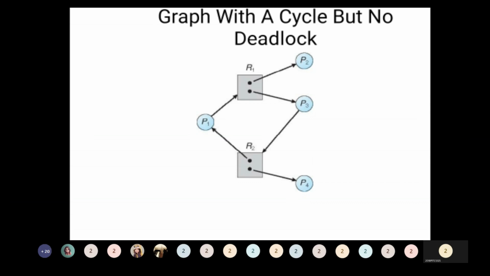Once R1 is released, obviously the process P1, which has already requested R1, will be assigned the resource and complete its execution. That way deadlock is not occurring even though there is a cycle in our resource allocation graph.